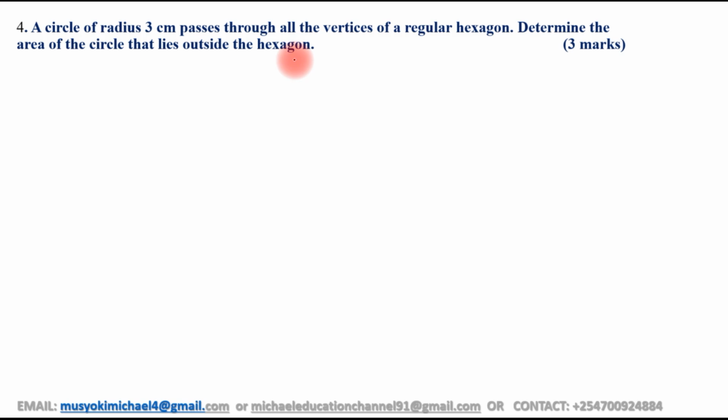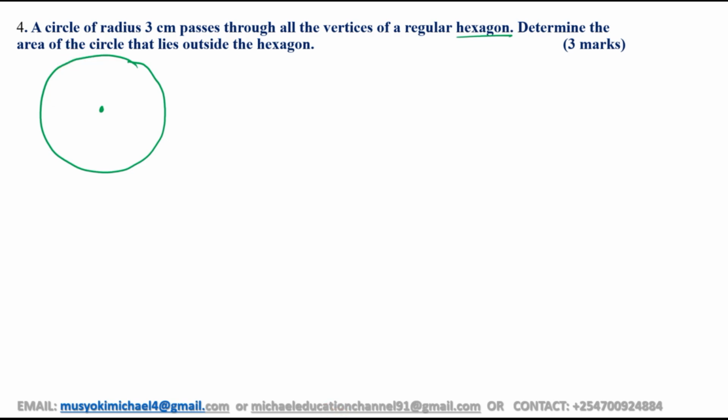So for this case, allow me to draw a circle with the center O. And then I'm going to draw a hexagon. A hexagon has 6 sides or 6 faces.